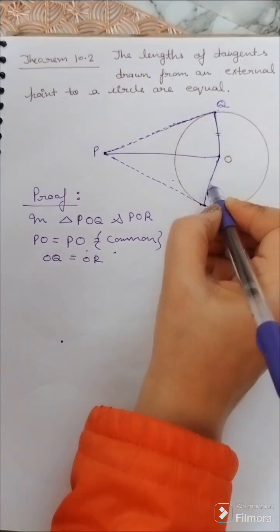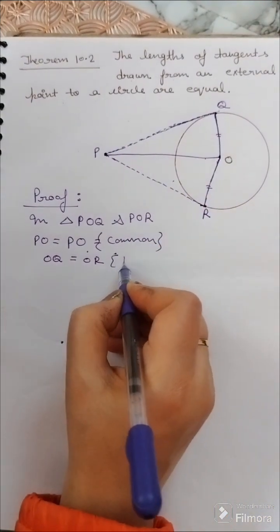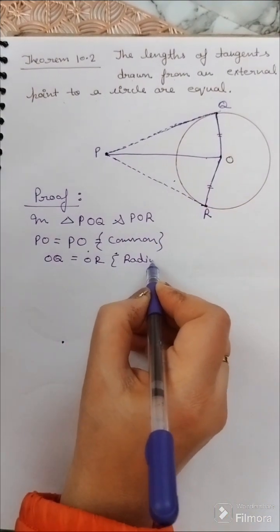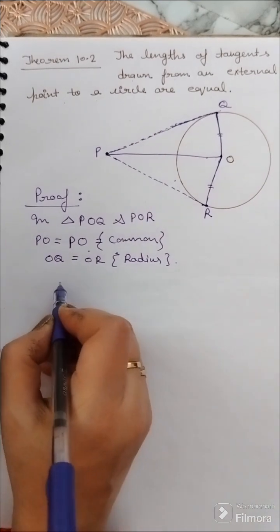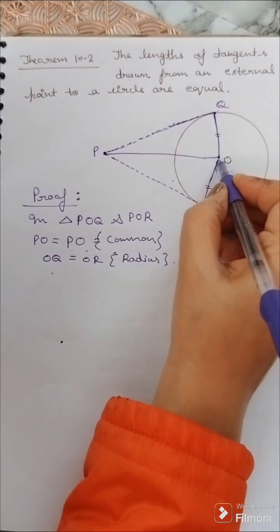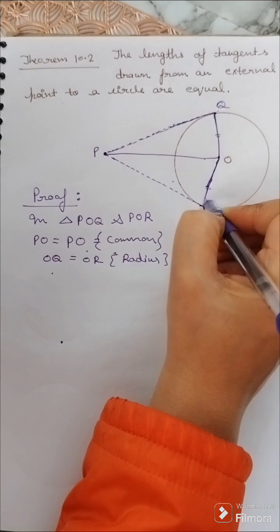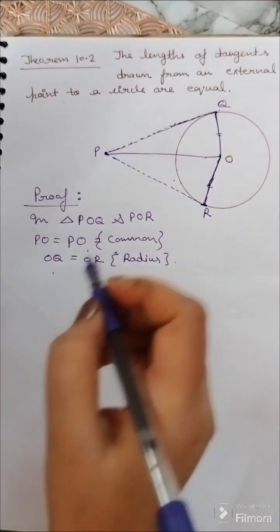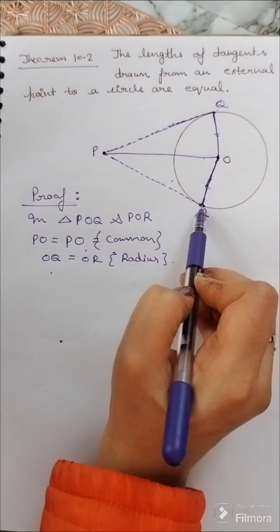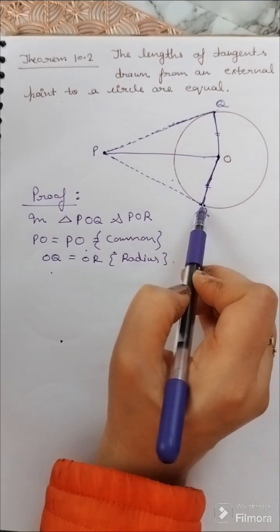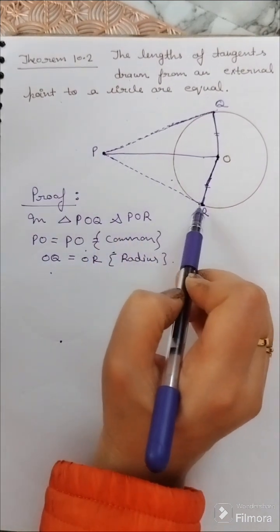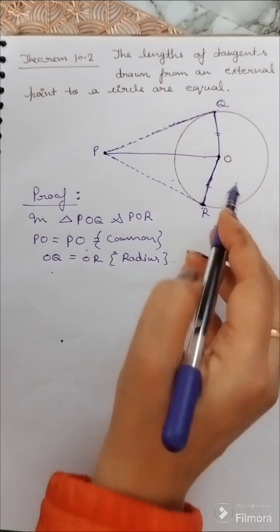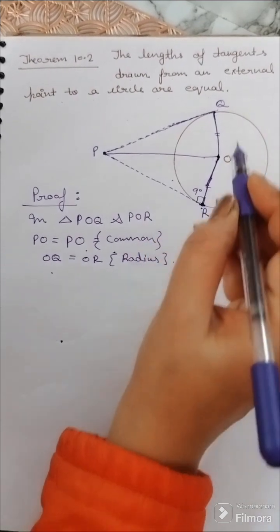OQ is equal to OR because it is what? Radius. And by the last theorem we studied, the radius of the circle is perpendicular to the tangent at the point of contact. So this is also 90.